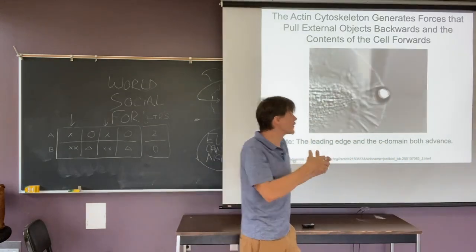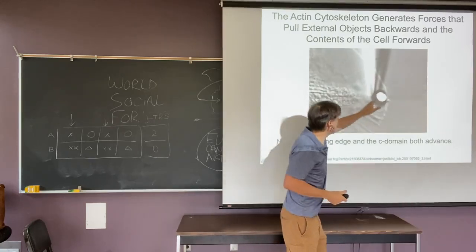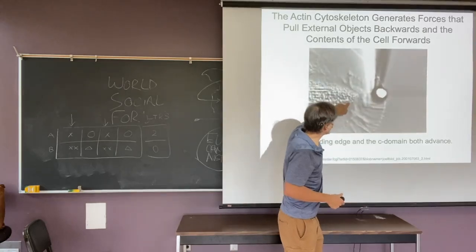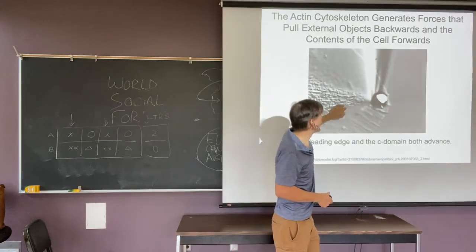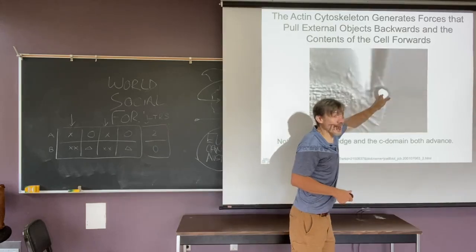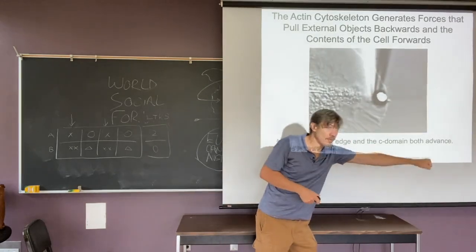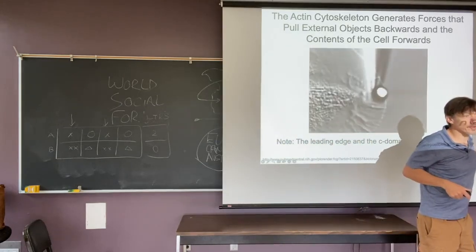And this generates a reaction force, so on one side we have a lot of myosin 2 contraction happening at the T zone. And because this actin is being held in place instead of pulling back, the cell is using that to pull the C domain forward.